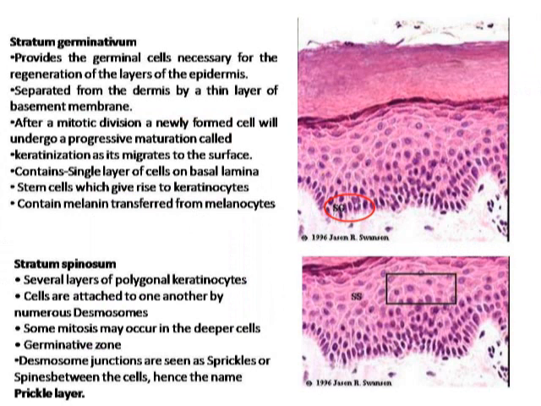So coming to the stratum basale or stratum germinativum. Here, cells appear small cuboidal or low columnar with large nuclei and are mitotically active due to their function in keratinocyte renewal.